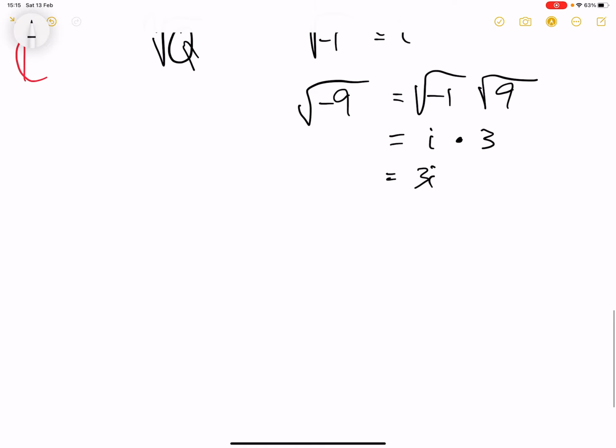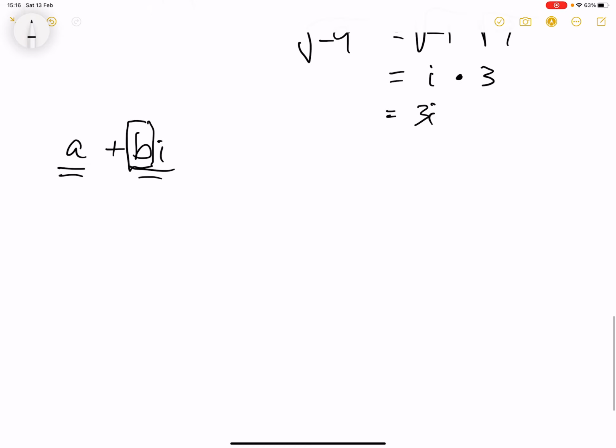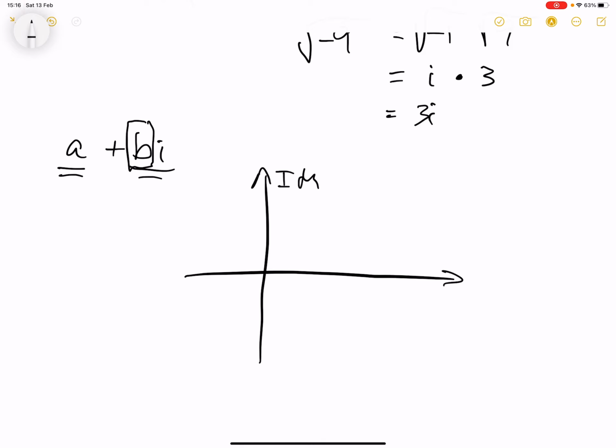Complex numbers are usually of the form a plus bi with a real component belonging to the real numbers and an imaginary component. The imaginary coefficient, so this b here, will be a member of the quotients, but we call it the imaginary coefficient. These are represented on something called the Argand diagram, with an imaginary axis rather than a y-axis, and a real axis.